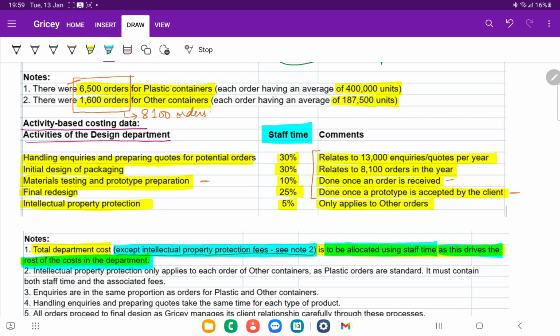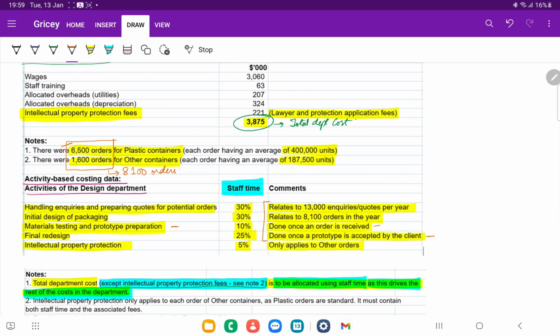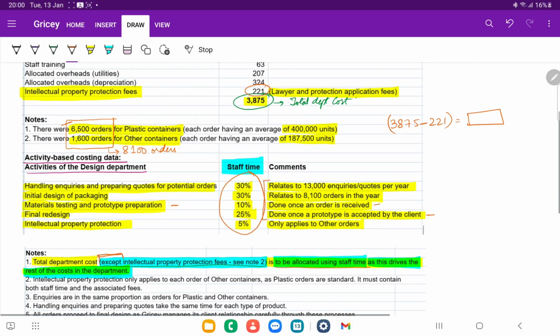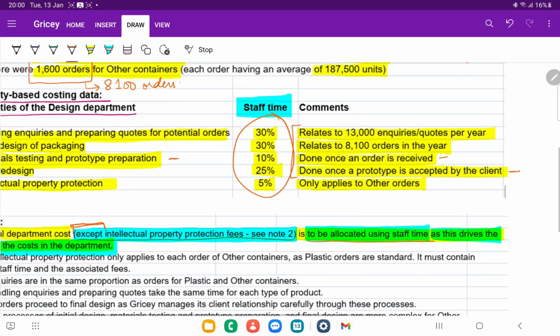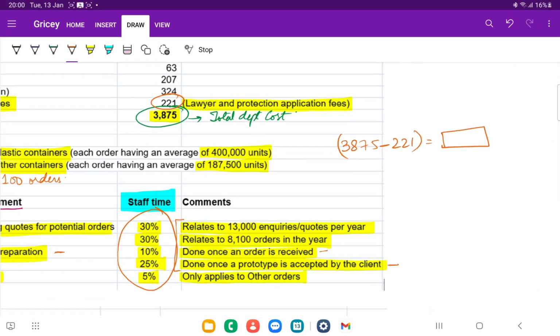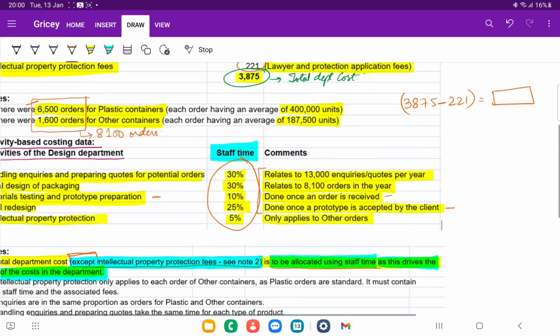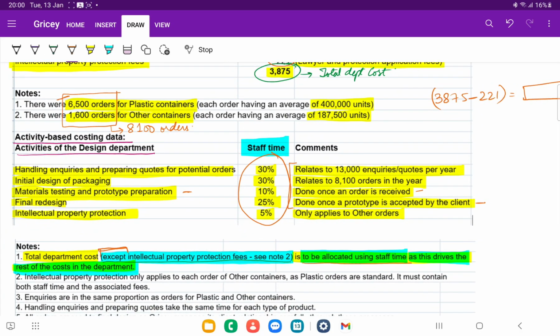So what they are actually trying to communicate is that if the total cost is 3875, then out of this 3875, just forget about this 221, because it is except intellectual property protection fee, right? Whatever the remaining amount is, it is to be allocated on the basis of this staff time, as this drives the cost in the department. So 3875 minus 221, multiplied by 30%, will be for handling inquiries.